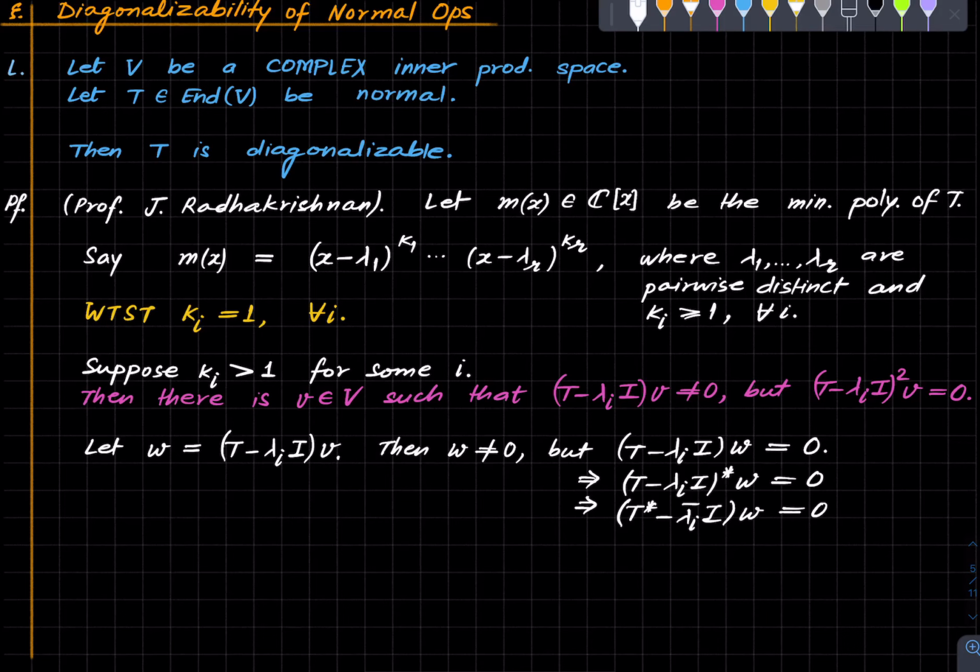And now, finally, just consider this. What is this inner product? This is clearly 0 because this is already 0.